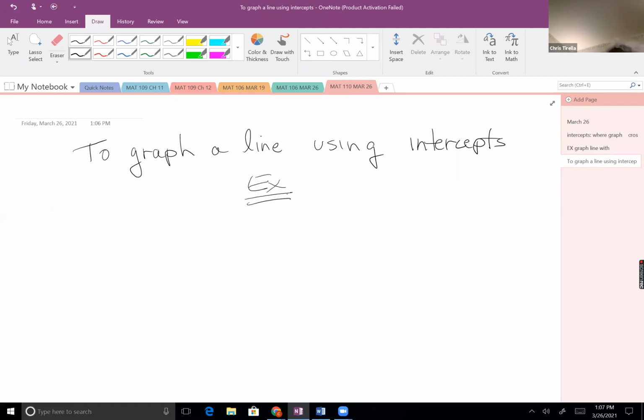And so let's look at that equation we just graphed, 2x minus 3y plus 12 equals 0. And let's graph this one using the intercepts.